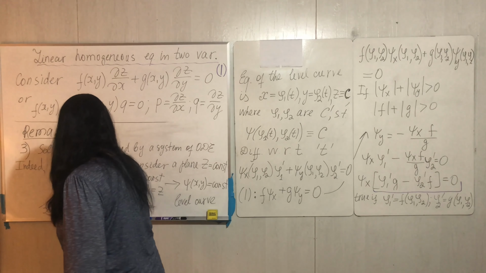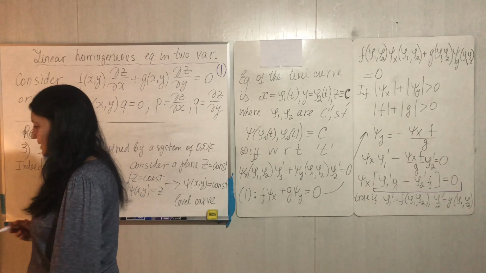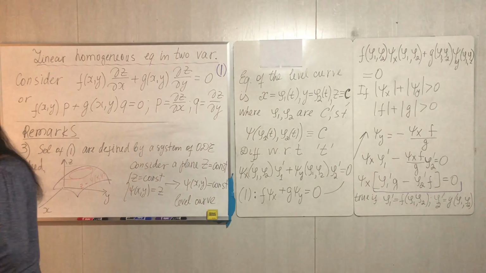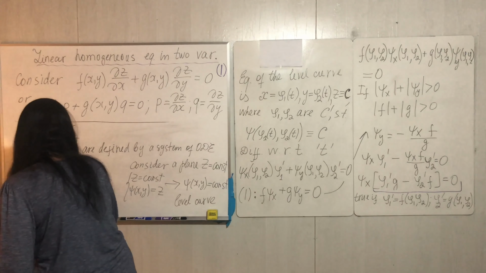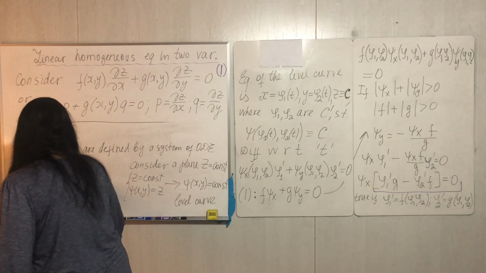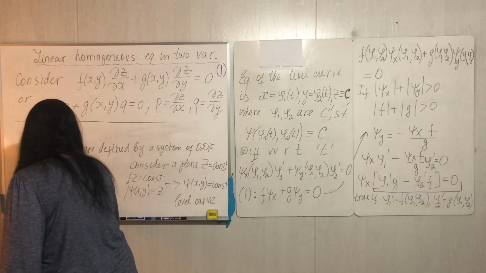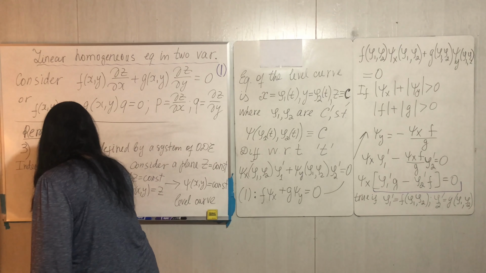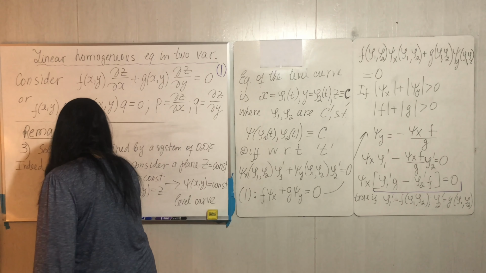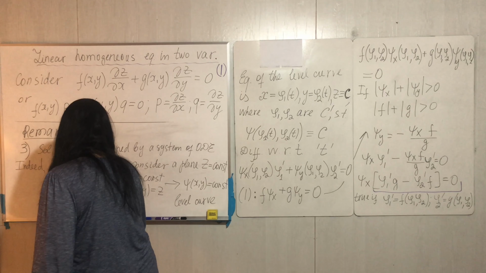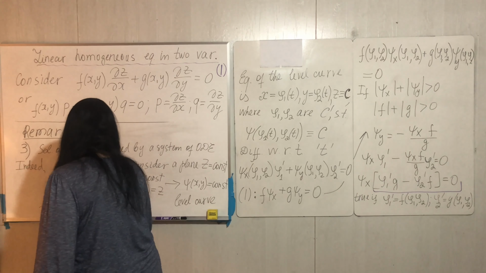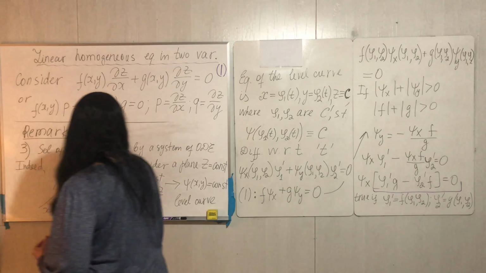Then if we just project it on the x, y plane, we can make a notation here that x equals phi1 of t, where t is a parameter, and y equals phi2 of t.